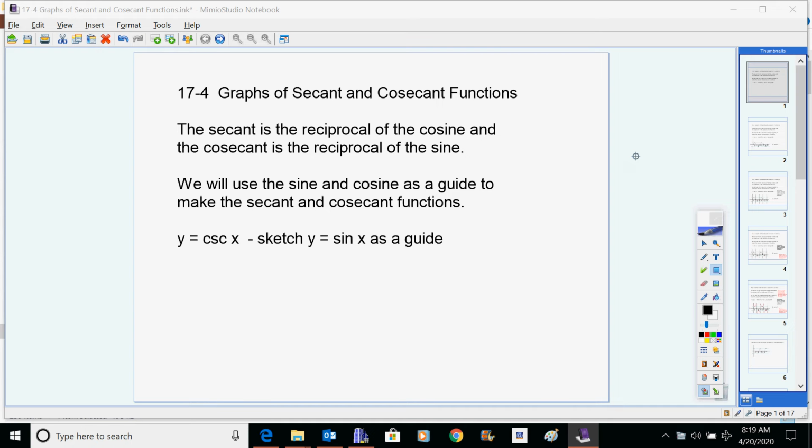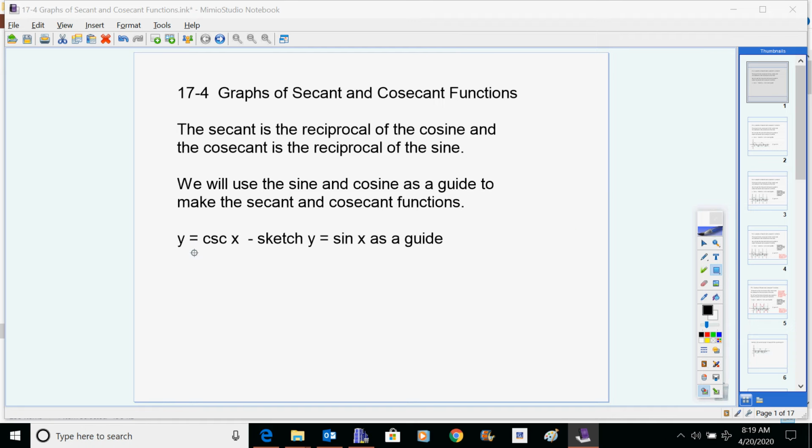We have looked at graphs of sine and cosine and tangent and cotangent. So now we need to take a look at secant and cosecant functions. So when we think about that, though, secant and cosecant are really just reciprocals of the sine and the cosine.